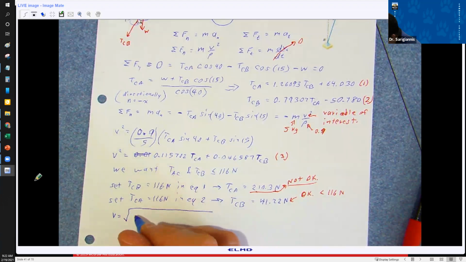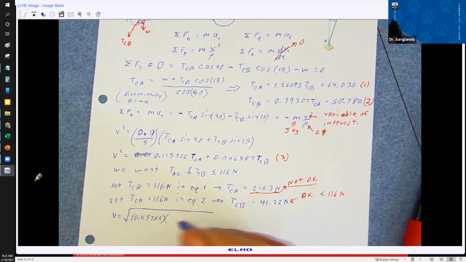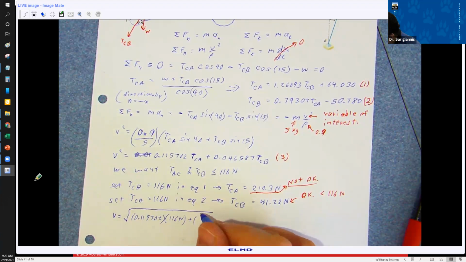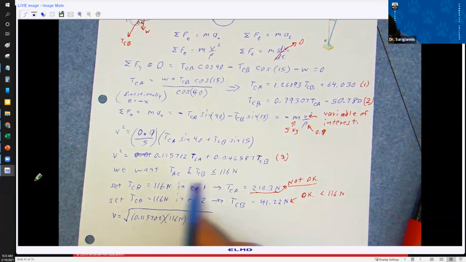So we're going to put these numbers in, and I'm going to have 0.115702 times TCA, which is 116, and then plus, let's see, TCB. Remember, I'm using the TCB that corresponds to that value of TCA.